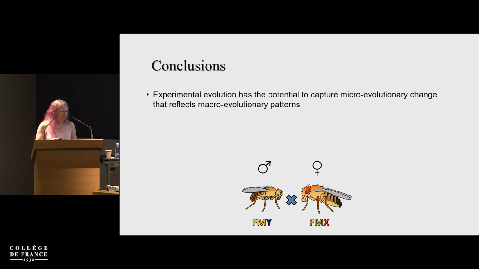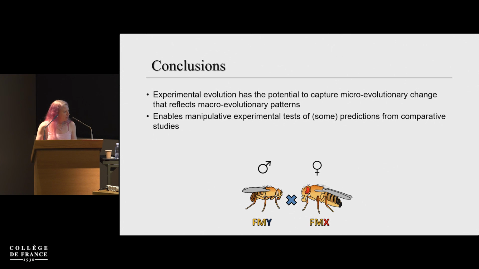So I think the stuff that we've been doing with the flies and the worms has been really exciting because it shows that experimental evolution does have the potential to capture at least some aspects of microevolutionary change that can reflect macroevolutionary patterns. I mean, it needs to be taken with a grain of salt, but I do think that this gives us a new approach to test theories about sex chromosome evolution and not only have to rely on comparative studies where there could be a lot of other changes that might not be related to the phenomenon that you're interested in.